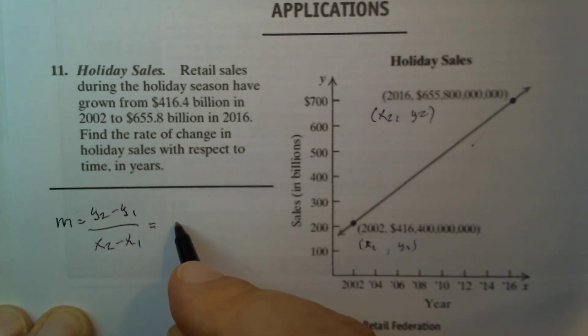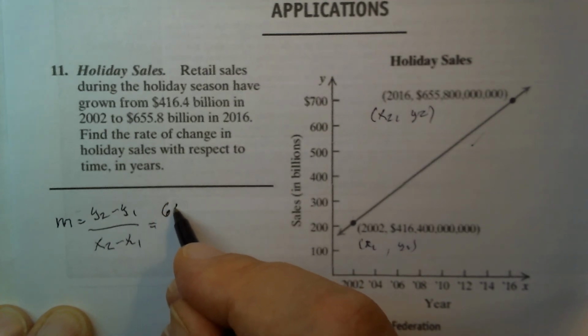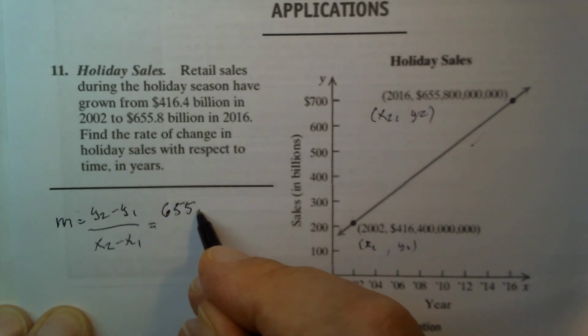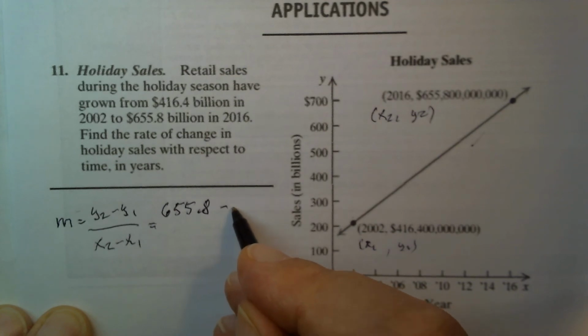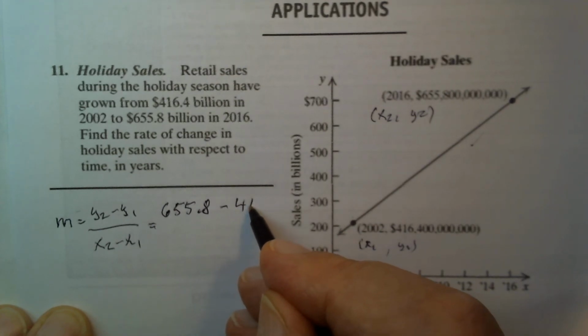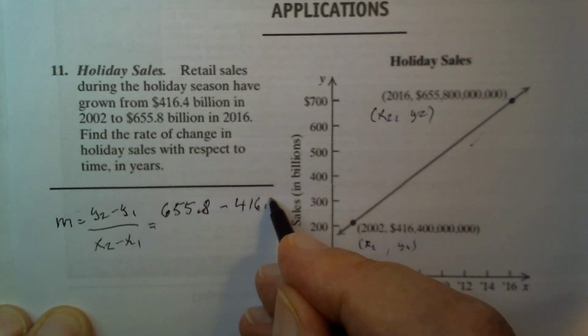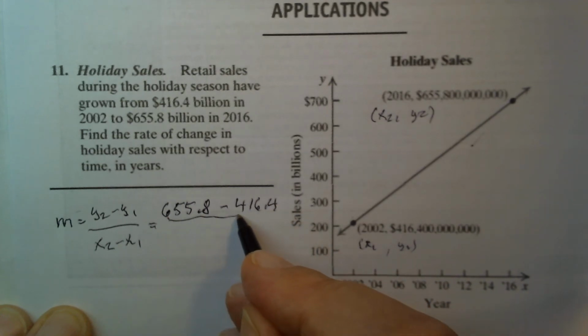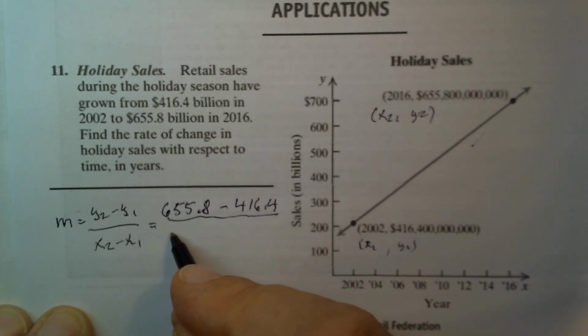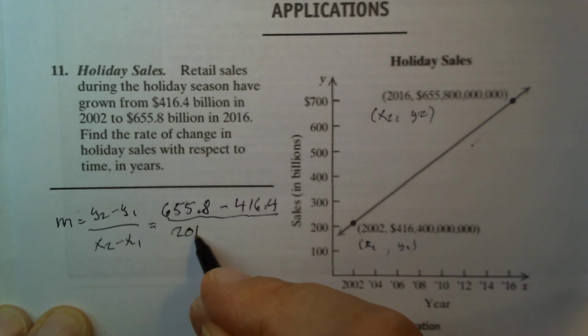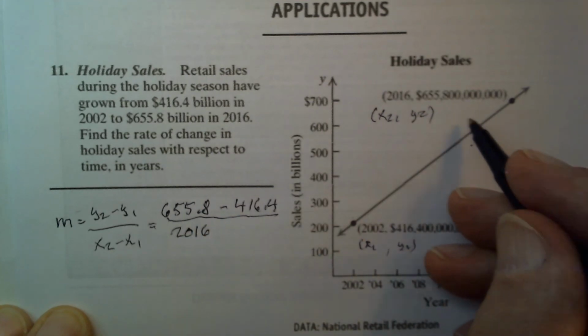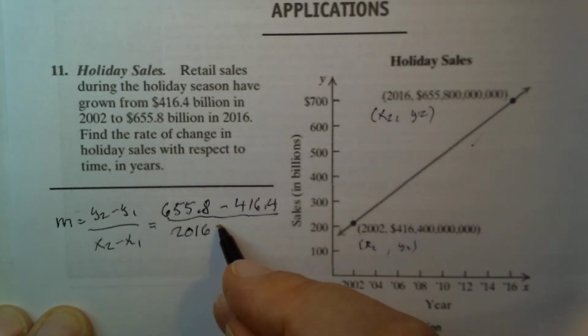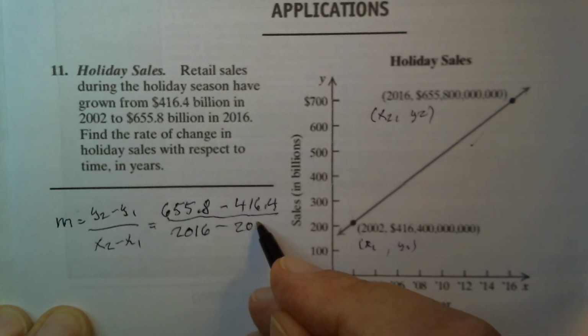And there would be 655.8 billion minus 416.4 billion dollars divided by 2016, these are the years now, 2016 minus 2002.